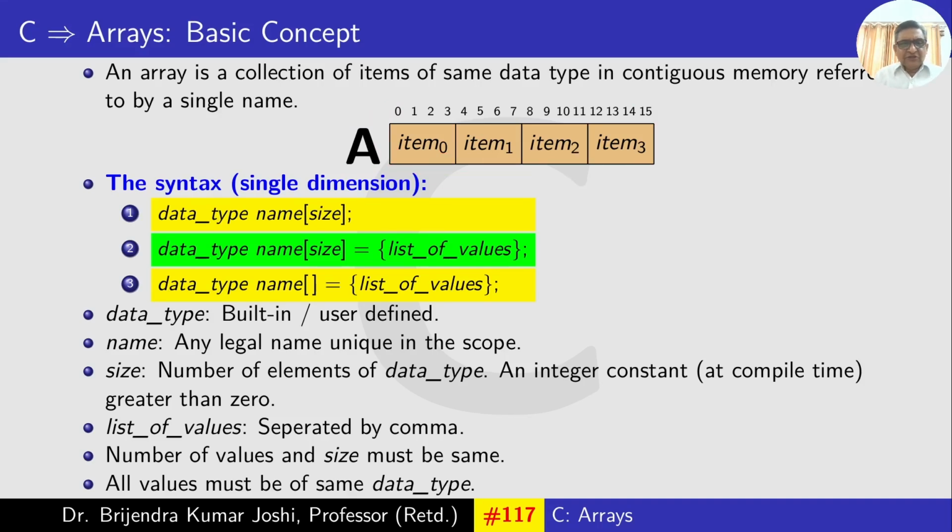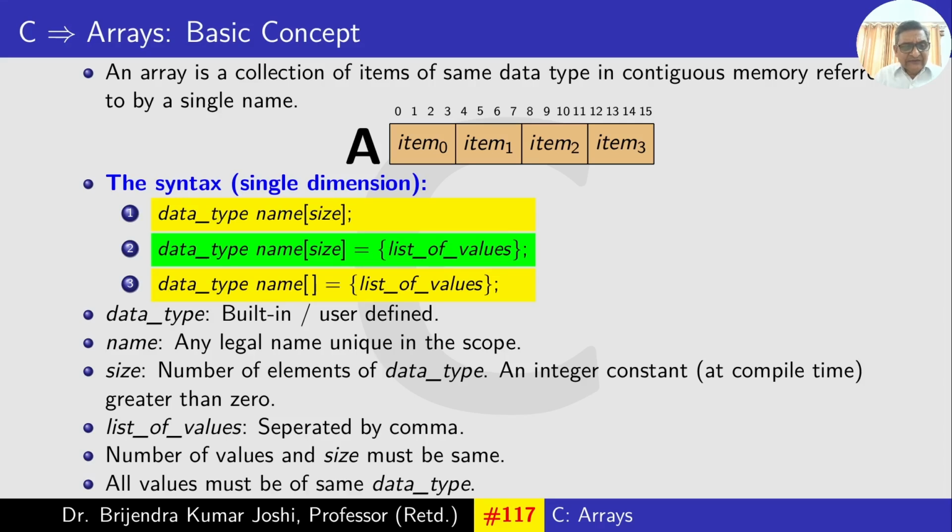Now the syntax: there are 3 basic variations of declaring an array. Some data type, then the name, a legal name in the scope, then an opening square bracket, size, closing square bracket, and semicolon. This is one possible legal way of declaring an array.